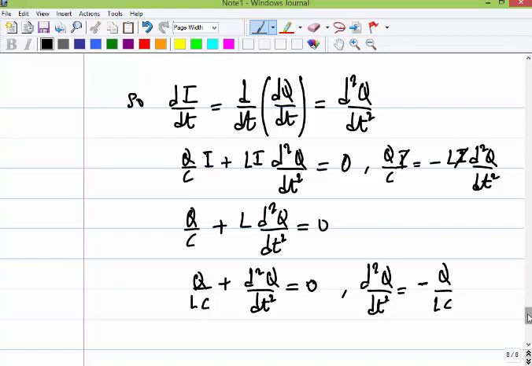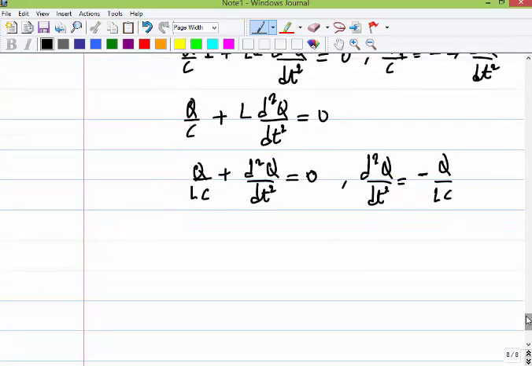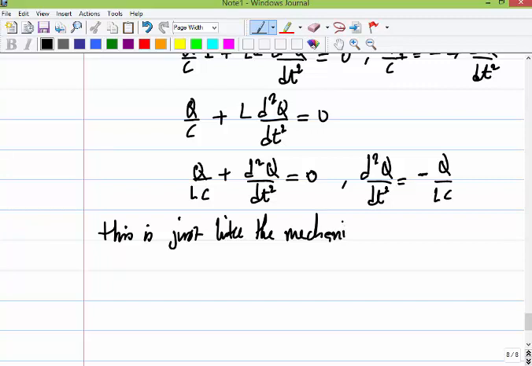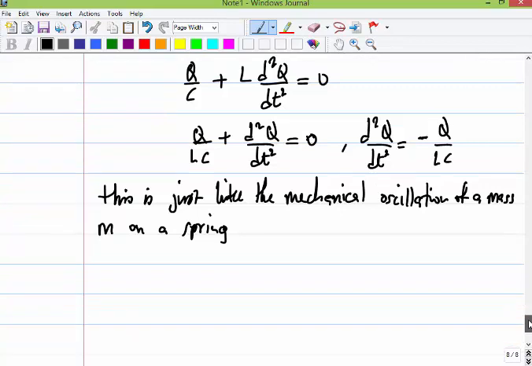Is the d squared on top the second derivative? Second derivative, d squared Q dt squared, yes. So this is where we are, and what we want to do is compare this to a mechanical oscillation, the same as the mechanical oscillation of a mass m on a spring.